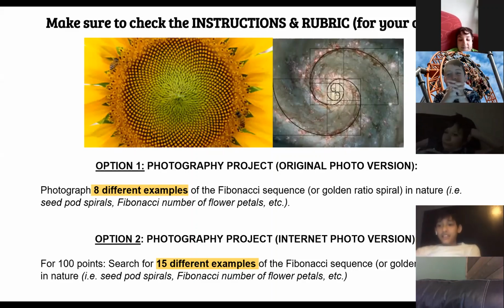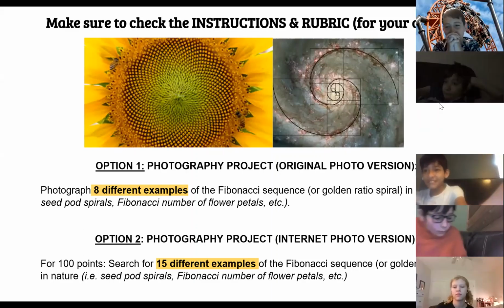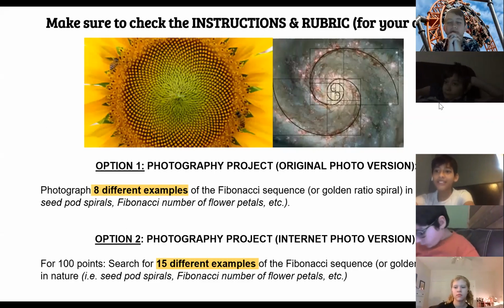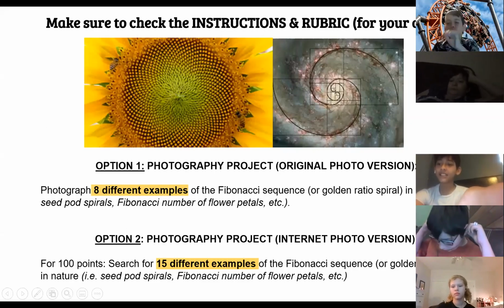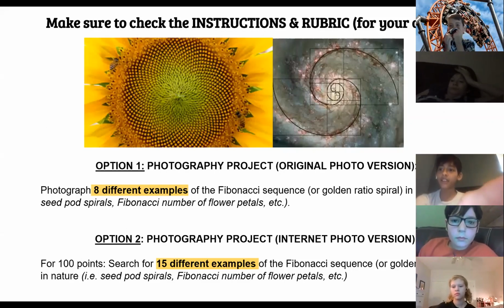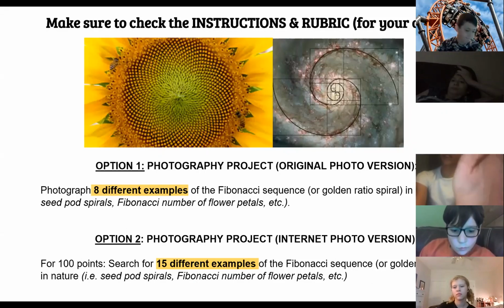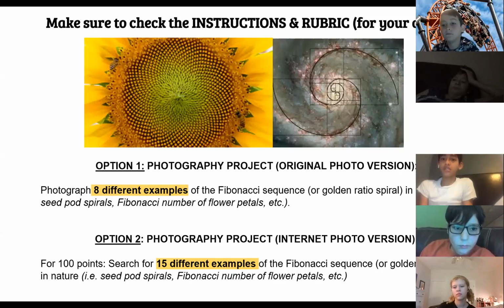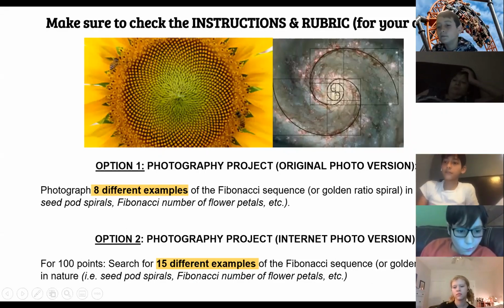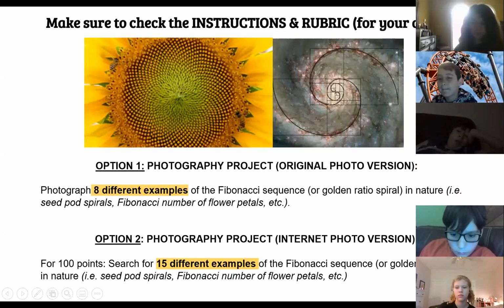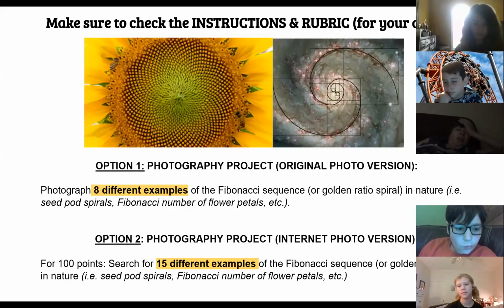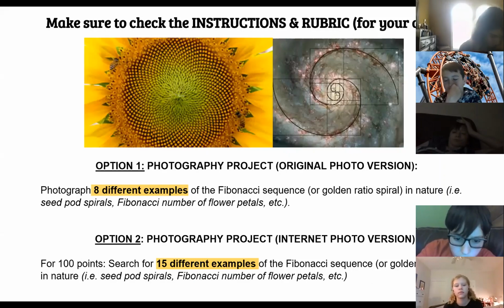Antoine, I'm going to call on you. Where are you, Antoine? Okay, Antoine and then Nikhil. I see both of you have a question. So, Antoine, what's your question? For the Fibonacci sequence project, do we have to just explain it, like saying it's a part of the numbers, or do we have to show the numbers in the sequence?